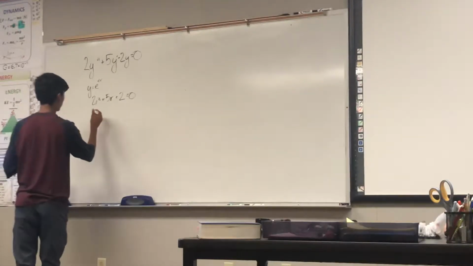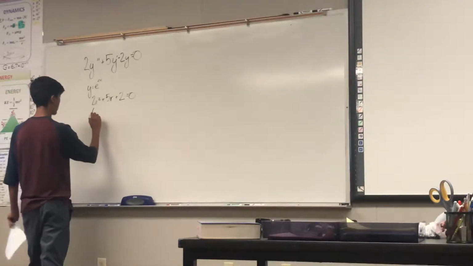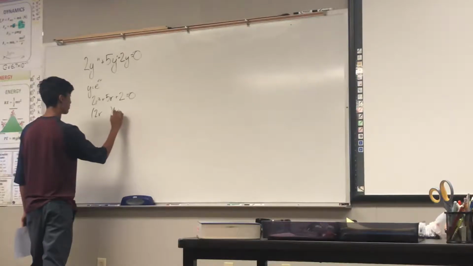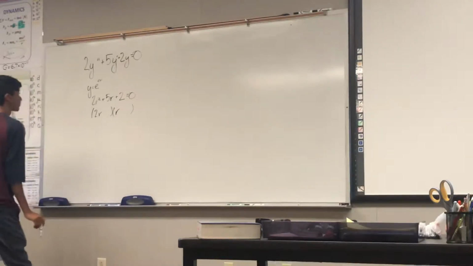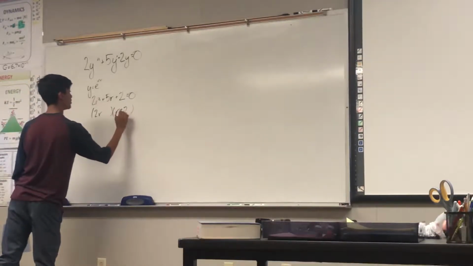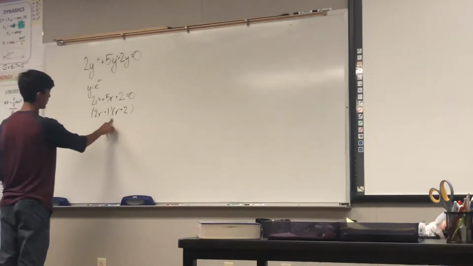So then you solve this, and then you get, do you know how to factor this? No, I don't. 2r something times r something. You would do plus 2 and then plus 1. Do you see how that's the same thing as that?